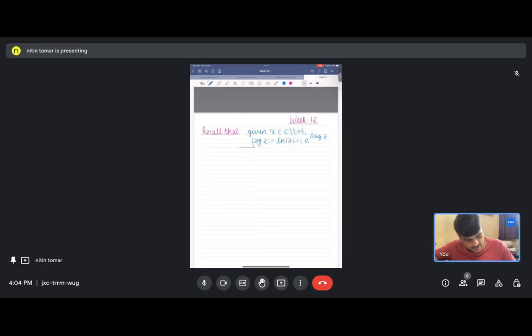This we saw in the last class. It is log of modulus of z plus iota theta, where theta is the argument of z.